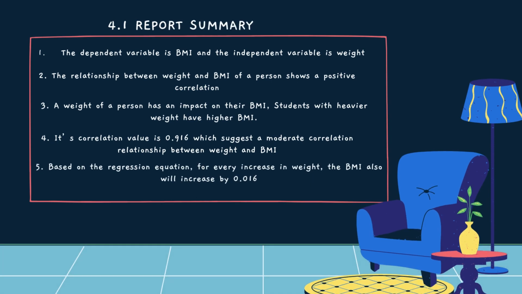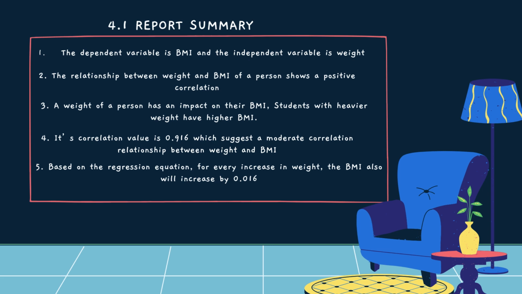Last but not least is the report summary. For this data, the dependent variable is BMI and the independent variable is weight. The relationship between weight and BMI of a person shows a positive correlation. The weight of a person has an impact on their BMI.